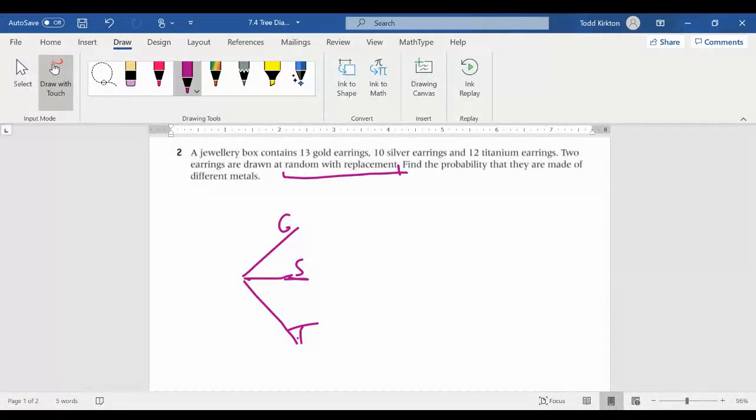And then you have your probabilities. So 13 out of 35, 10 out of 35, and 12 out of 35. But once you draw it, you put them back in, and then you again have these 3 colors.